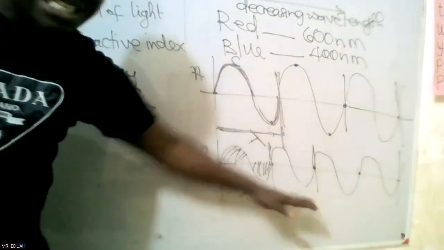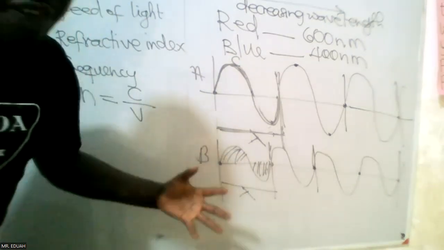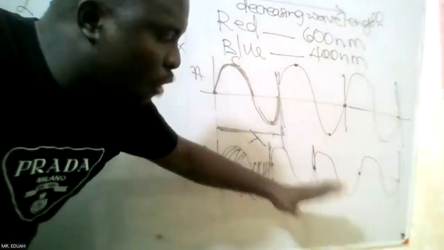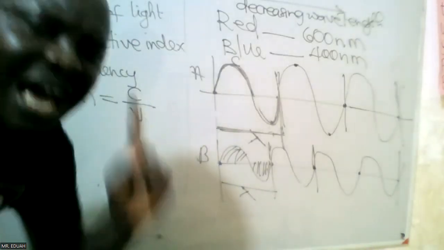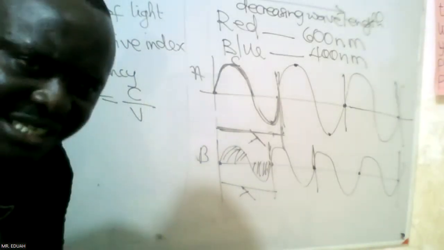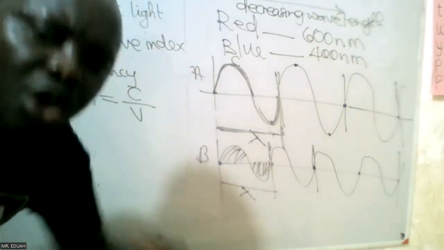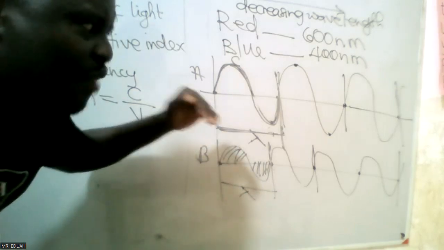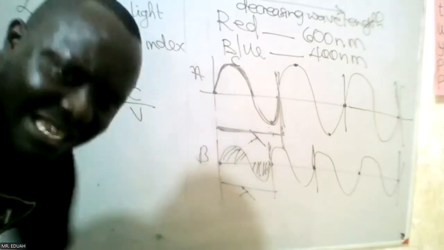So this one has a larger frequency because we have a lot more complete waves in this than in this one. So what I'm teaching is that if a wave has a shorter wavelength, its frequency is large or greater. And if a wave has a longer wavelength, its frequency is less.